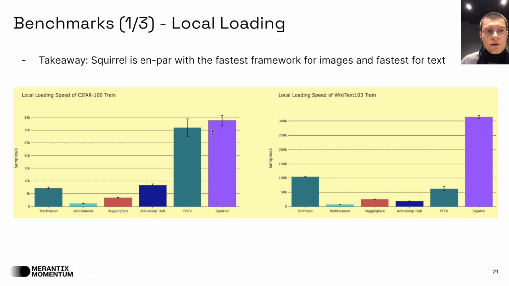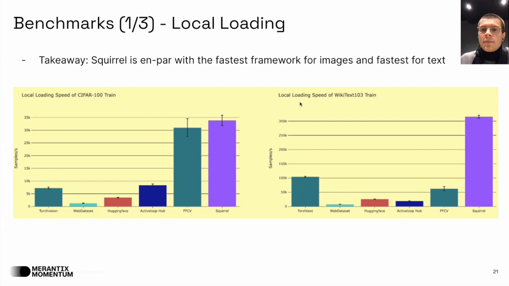If we're loading CIFAR-100 images, which is a standard benchmark, probably not the only one out there, but one at least, you see that here Squirrel performs very good, approximately on par with FFCV, maybe even a bit better.